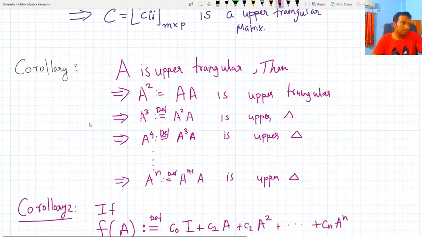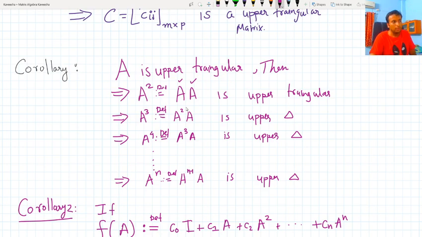For example, let us look at the corollary. Let us take that A is an upper triangular matrix. Then it automatically implies that A square is an upper triangular matrix, because A square is defined as A times A. So A is upper triangular, A is upper triangular, the product is also upper triangular. Okay, let us look at A cube.